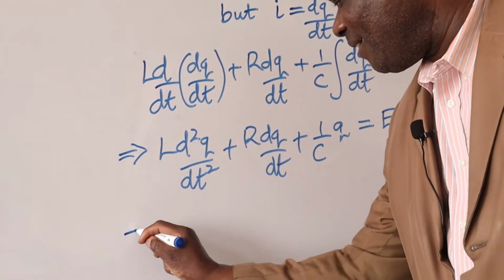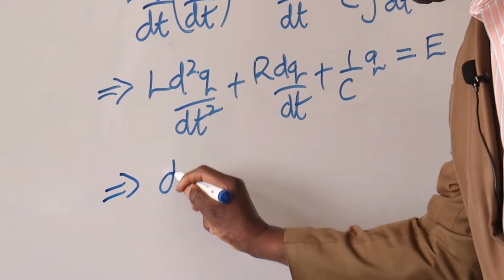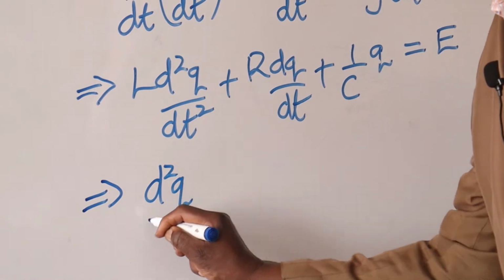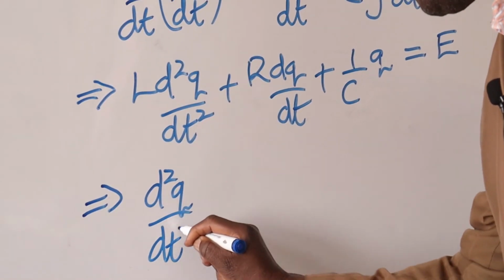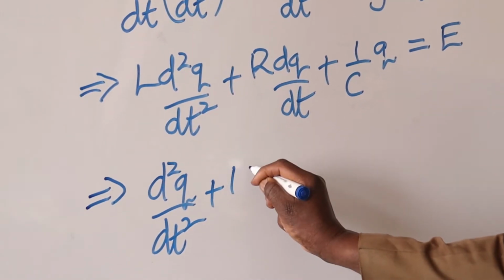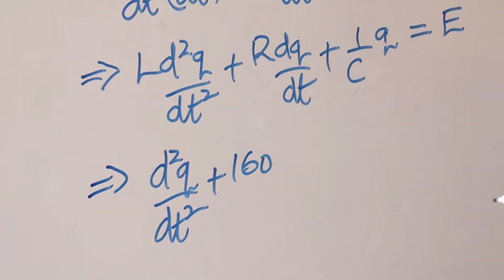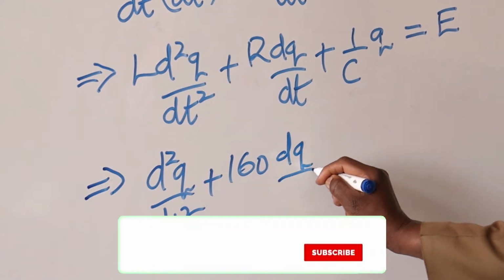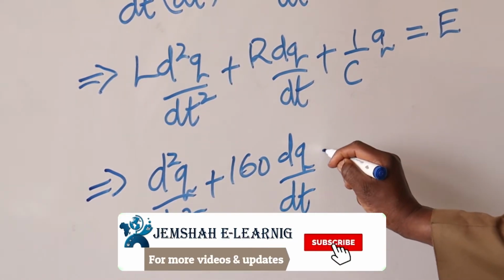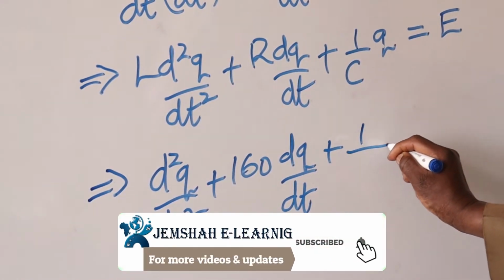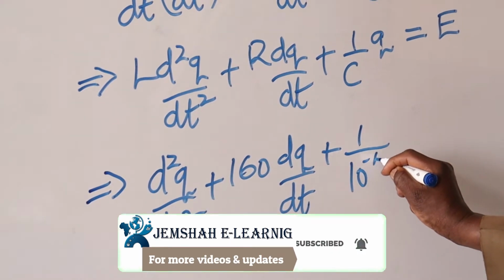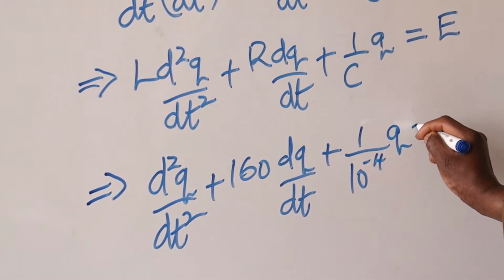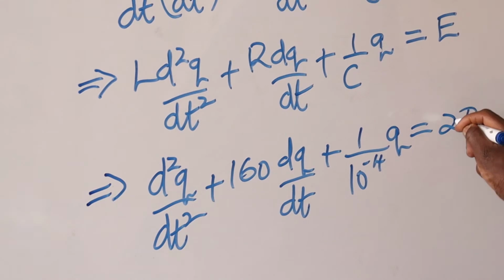So inserting our values, this implies d squared Q dt squared plus 160 dq dt plus 1 all over 10 to the power minus 4 Q is equal to 20.